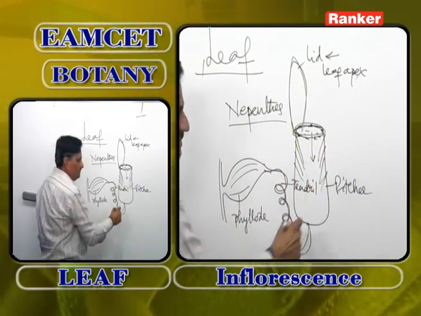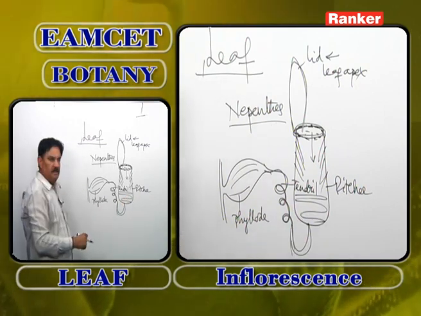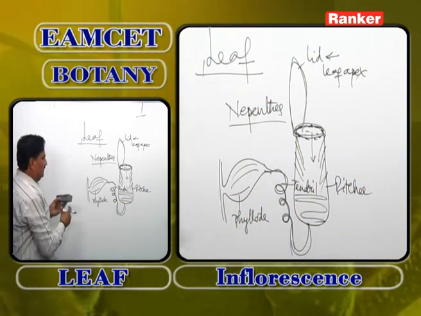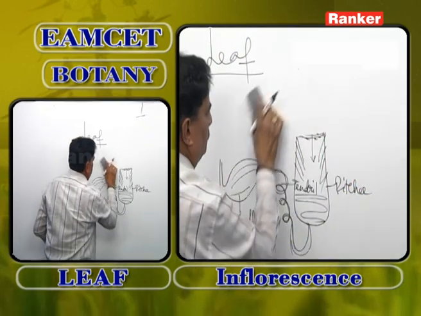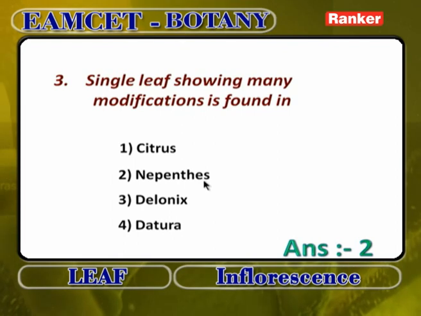Downwardly bent hair does not allow the insects to come out. At the base, an acidic fluid is there. Ultimately, the insect is killed. So, the leaf shows maximum modifications. The question is single leaf showing many modifications is found in, the answer is Nepenthes, not Citrus, Delonix and Datura.